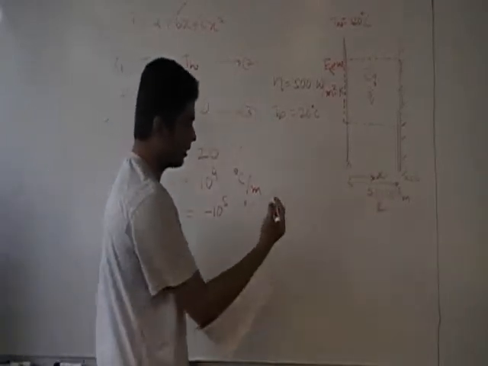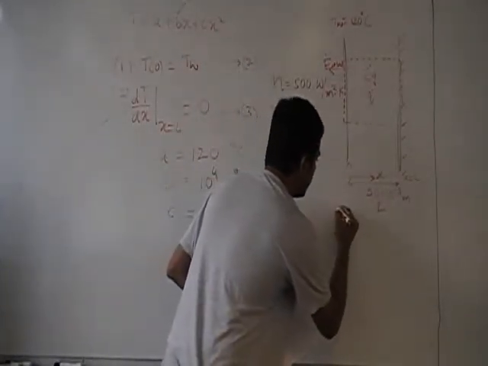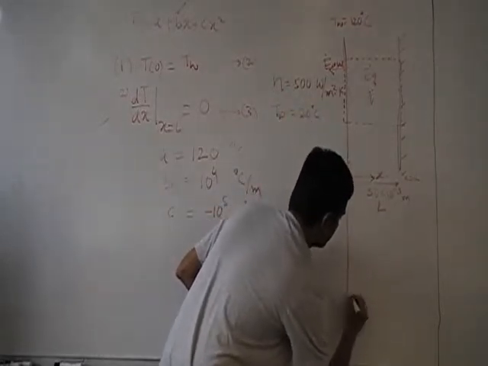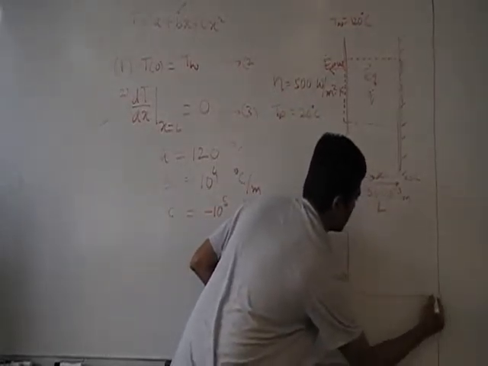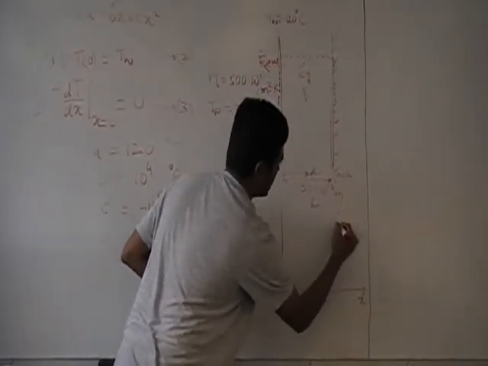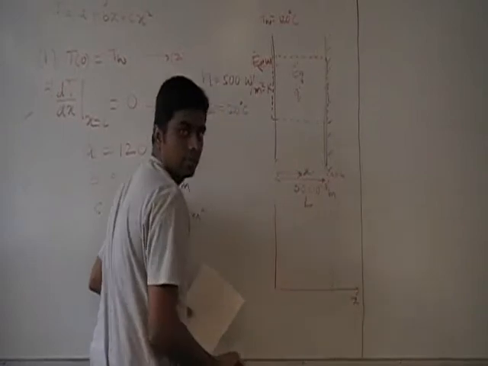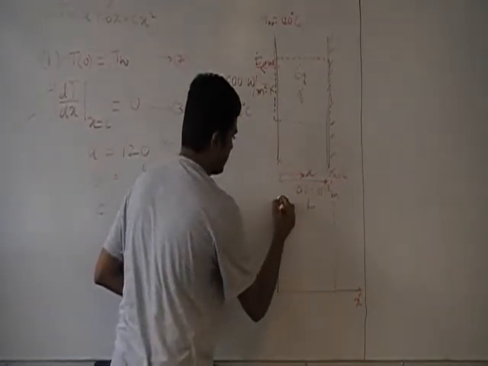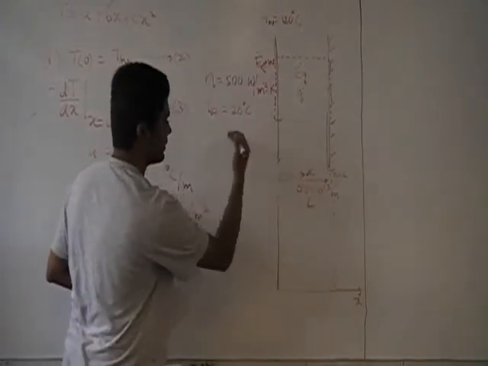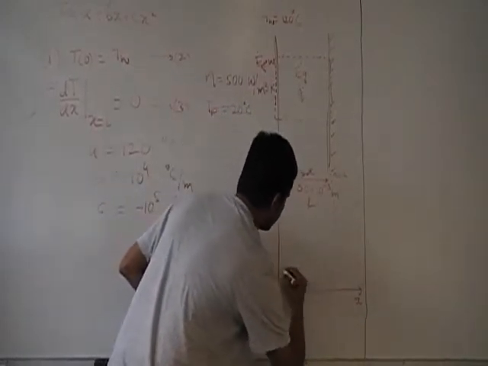inside this wall. So let's try to sketch it first. Try to be a little consistent here. So if this is the x-axis, temperature profile, and it's being cooled on this surface, so we expect the temperature profile to be this way.